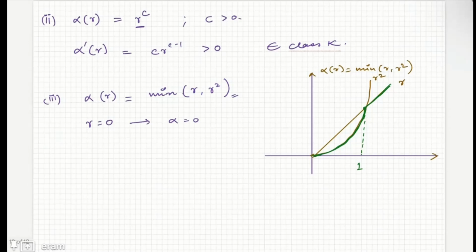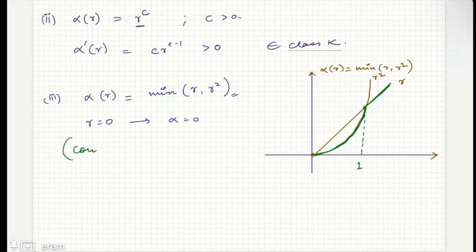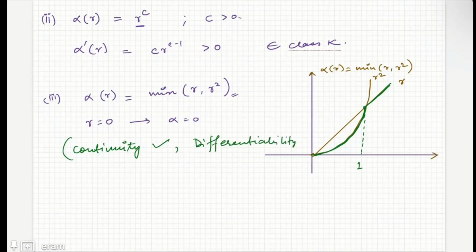So we need to remember that we need only continuity. Differentiability is not needed.